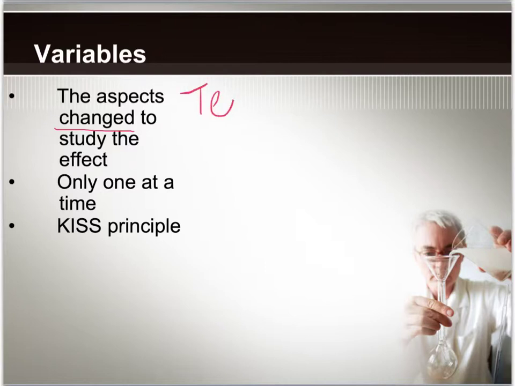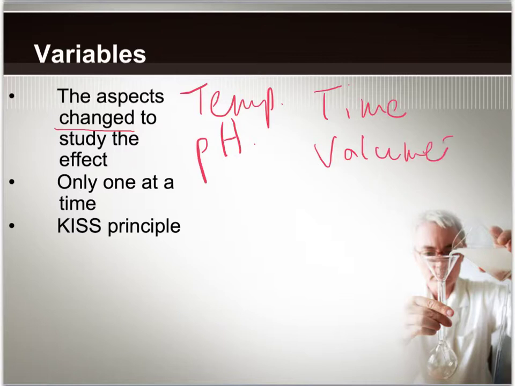It could include temperature, pH, time itself, volumes, concentrations. Really, all of these things can be varied when doing a range of experiments. We'll go into that in a moment in the next slide.